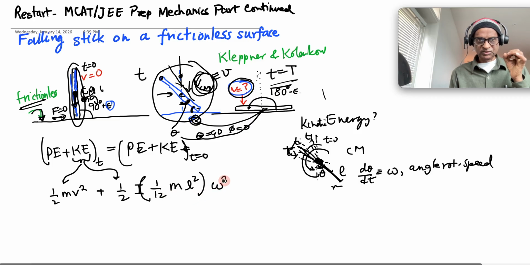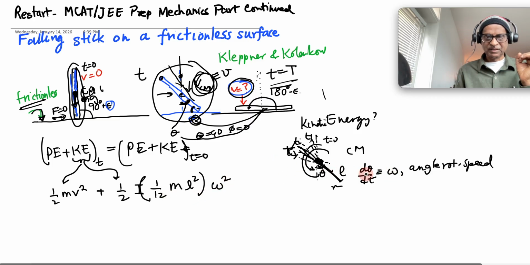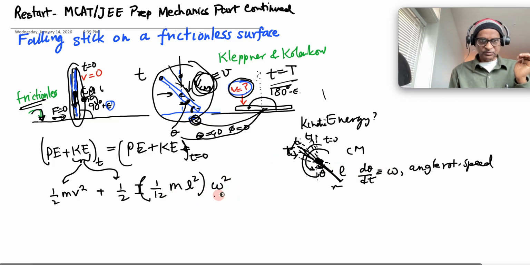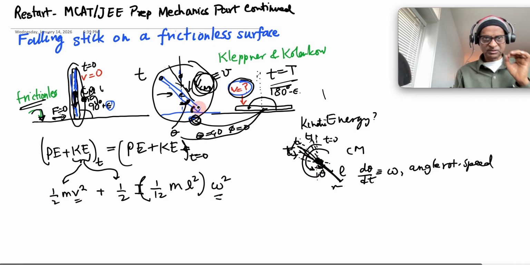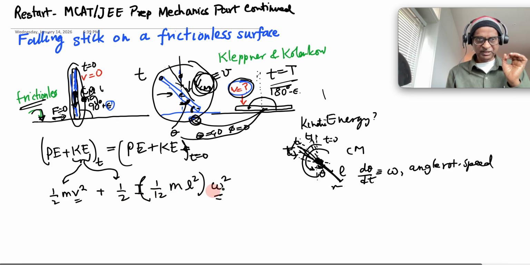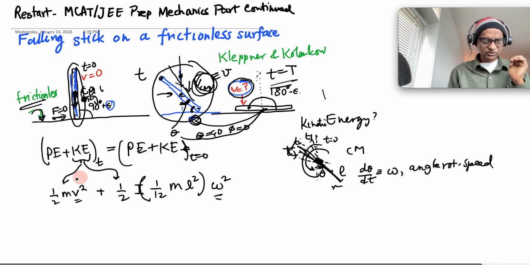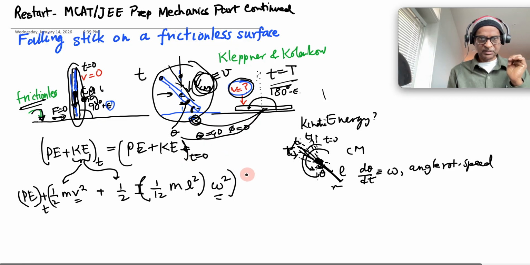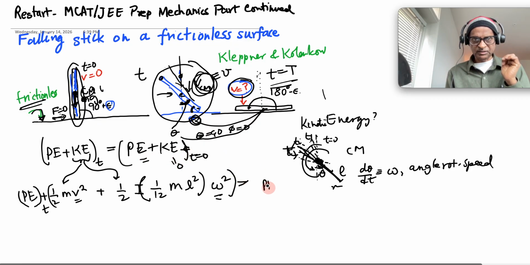Omega and v will be related, you will see in a minute. Okay, so that's this guy plus potential energy at time t. Of course, kinetic energy will be 0, so this will be potential energy at time 0.